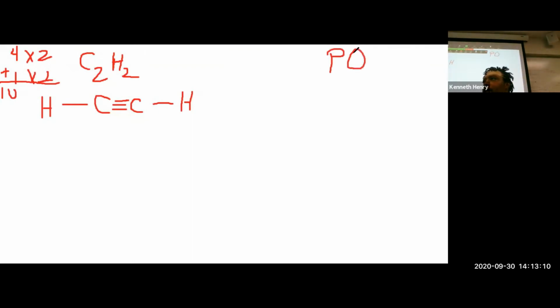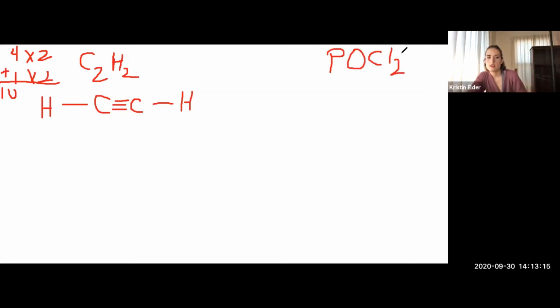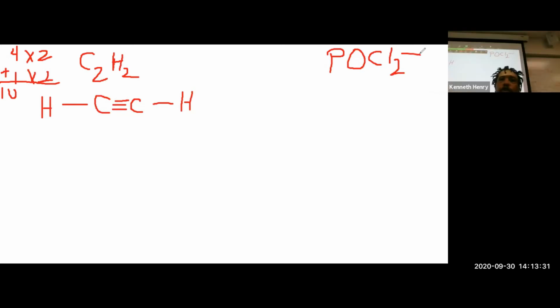Okay, let's do this one next. POCl. I have a question. For the previous one, or any problem like that, do you do the triple bond just because it looks cleaner than having all those lone pairs surrounding it? Yeah, you use the bonding. It looks better. You could technically put all of your dots in here, so that could be 6 dots in there.